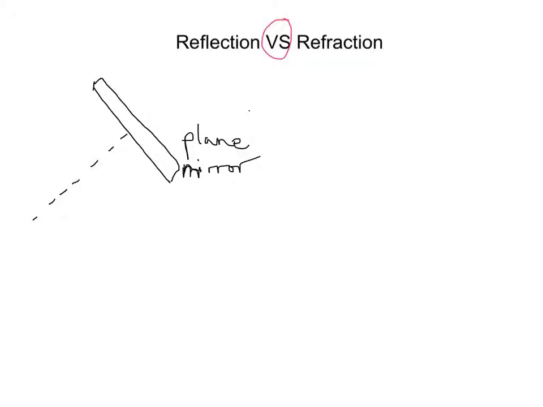Now, if we imagine that a light ray is coming in, so let's say it's coming in here, it's going to reflect off that plane mirror, it's going to reflect off that surface, and it should reflect something like this.